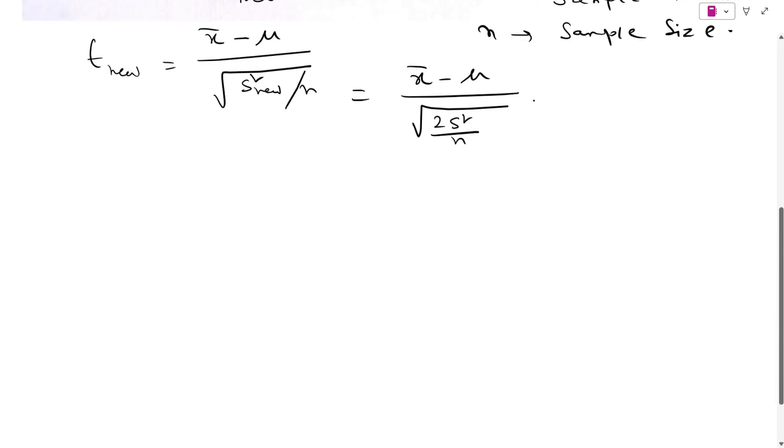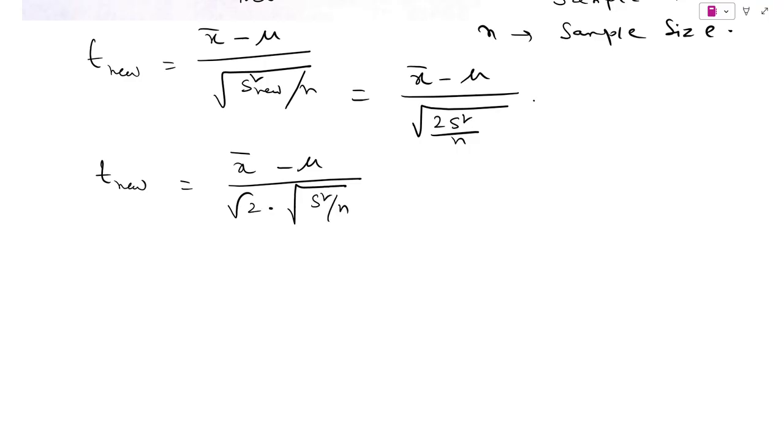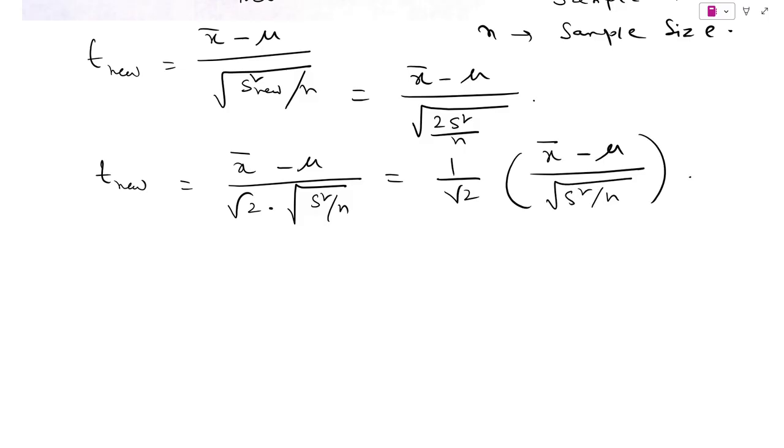Using the laws of radicals, we can factor out the root 2 from the denominator. So T new is equal to x bar minus mu by root 2 into root of S square by n, which is 1 by root 2 into x bar minus mu by root of S square by n. Notice that the expression inside the parenthesis is exactly our original t statistic, T old.